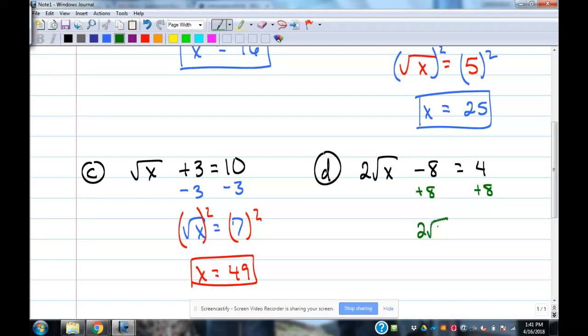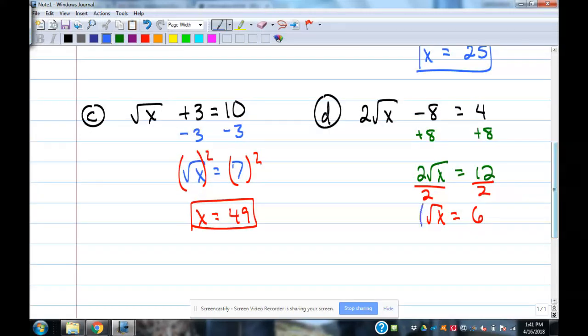And then we have 2 radical x is equal to 12. Now we can divide by 2. Radical x is equal to 6. The last step, square it. X is 36. Not bad so far. You done?